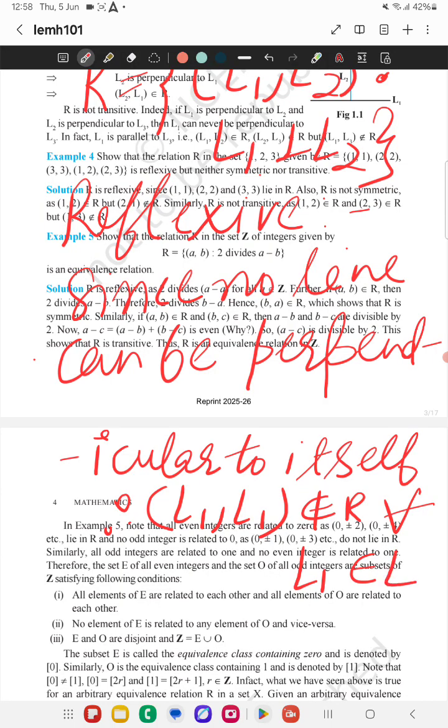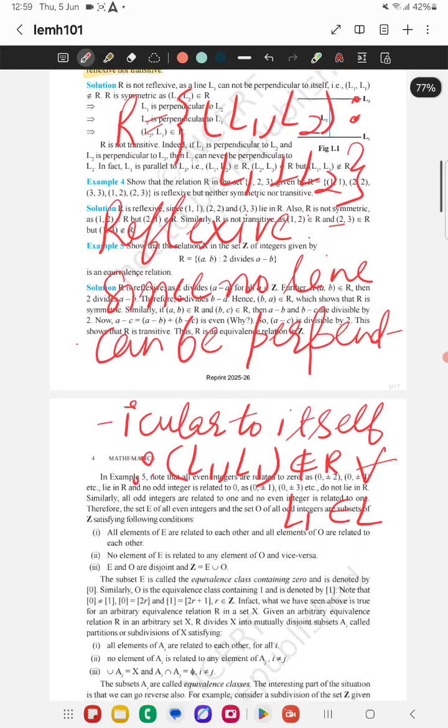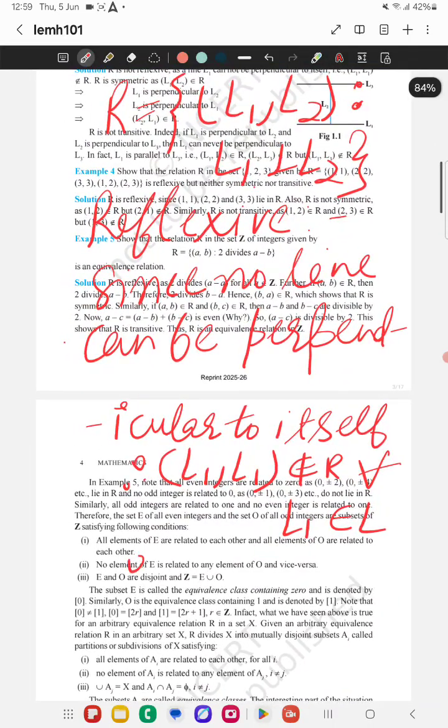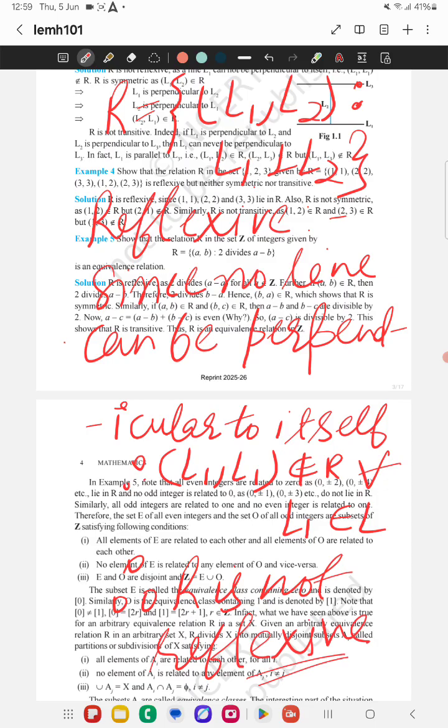For all L1 belongs to L, therefore R is not reflexive.